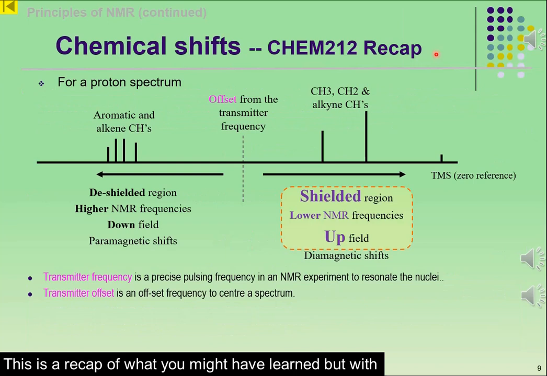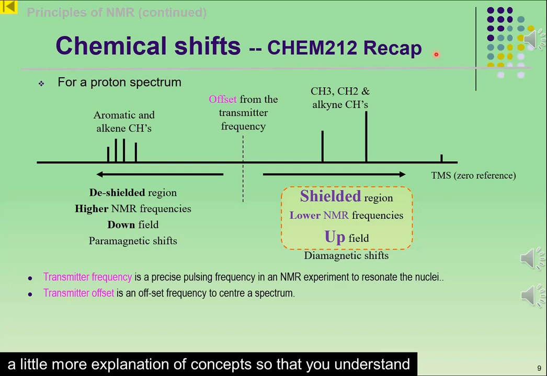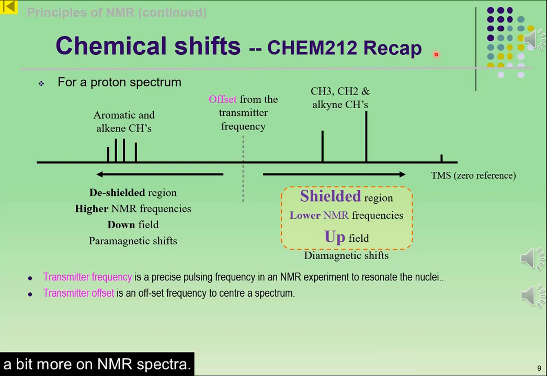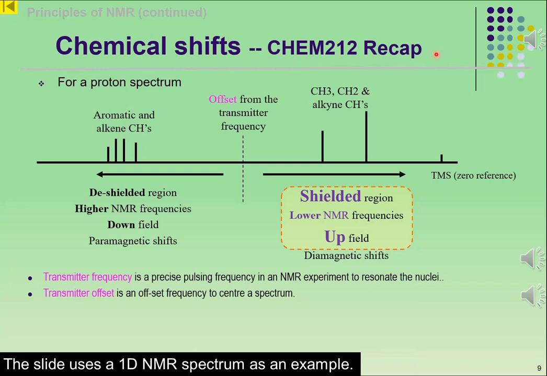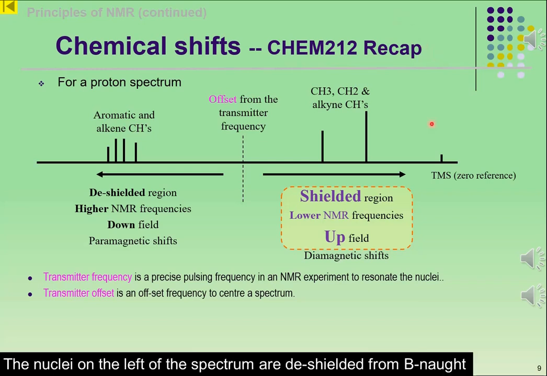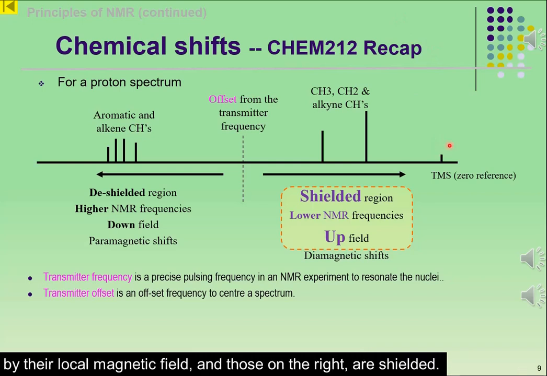This is a recap of what you might have learned, but with a little more explanation of concepts so that you understand a bit more on NMR spectra. The slide uses a 1D NMR spectrum as an example. The nuclei on the left of the spectrum are de-shielded from B0 by their local magnetic field, and those on the right are shielded.